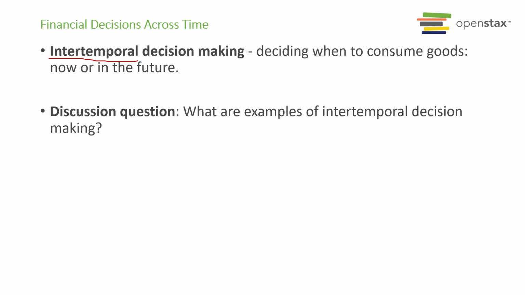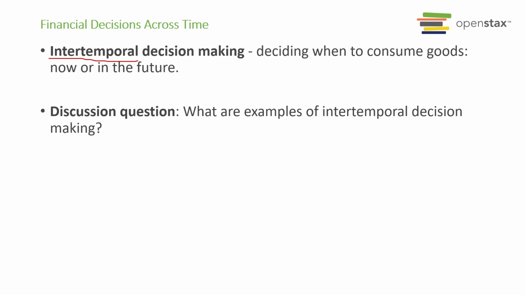It could be something like someone who wants to save for retirement. That is someone who's taking action now for an event that's going to happen in the future. You could have somebody who's saving up money to buy a car, or somebody who's saving up for a house. Any one of those decisions motivates people to save so that they can make a purchase in the future.